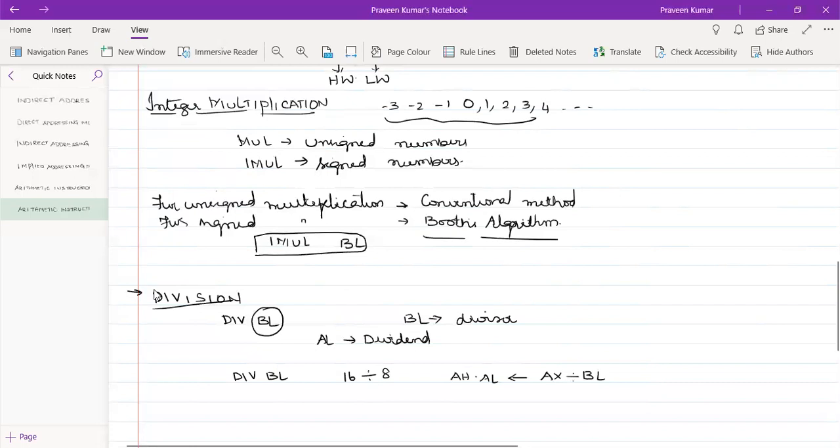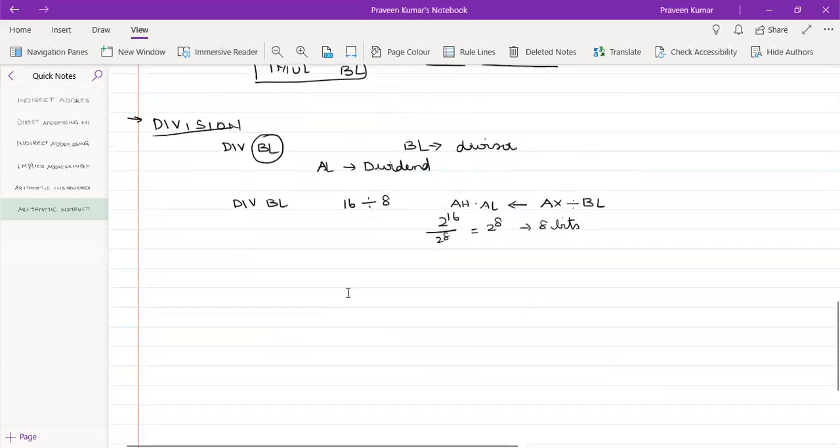Because if I divide 16 bits by 8 bits, that is 2 power 16 values divided by 2 power 8, the result will be 2 power 8, so it will be 8 bits at the largest. So the result will be stored in AH and AL. What is stored in AH and what is stored in AL? Generally, when I divide, I will be having a remainder and a quotient.